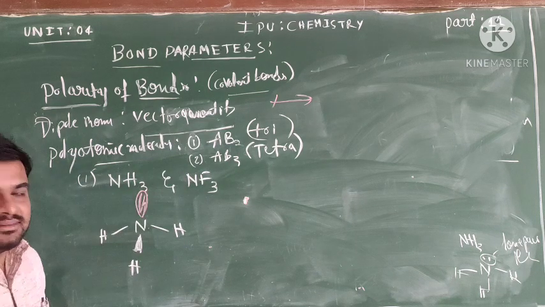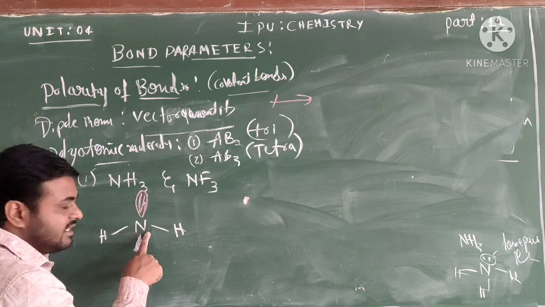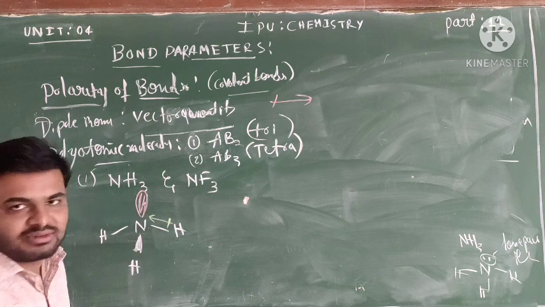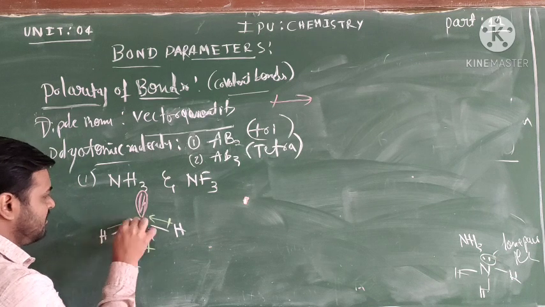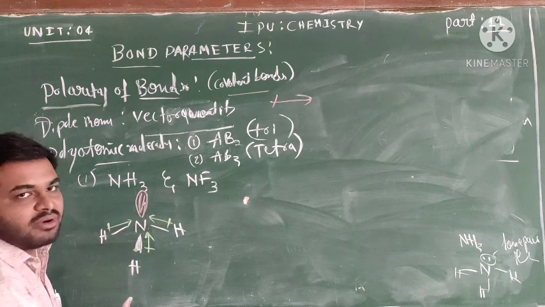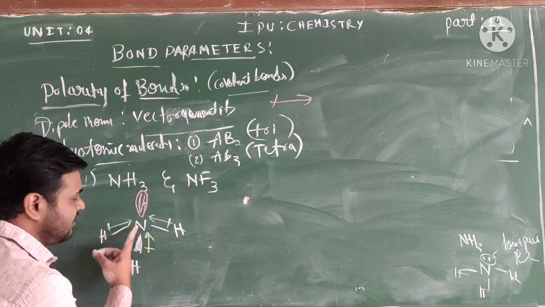So you write the polarity. Hydrogen is less electronegative and nitrogen is more electronegative, so the dipoles move towards nitrogen like this. This is also the same. So all three bonded atoms move towards the nitrogen atom.